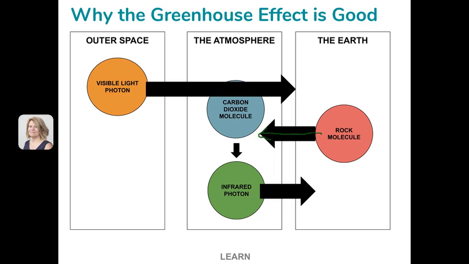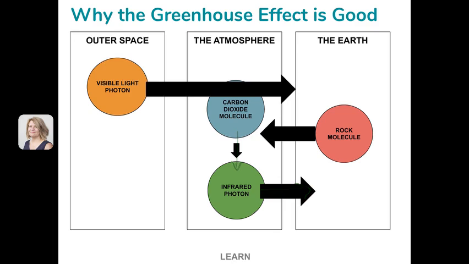Okay, that's fine. But the fact that there are carbon dioxide molecules that hold on to those infrared photons, release them, and some of them go back to the Earth's surface. That is the part that is very important for our survival.